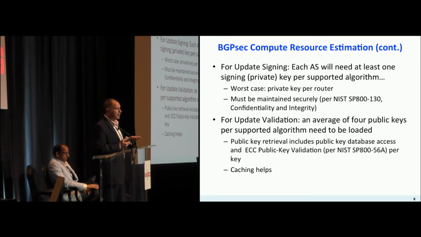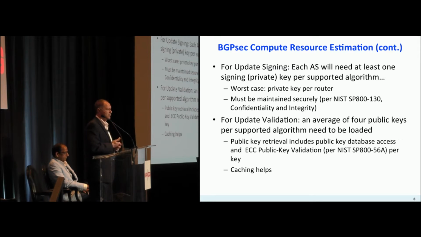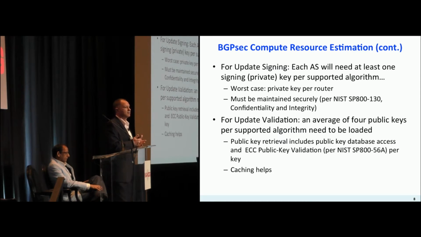Now, for the validation, though, for each hop, we need a public key of the AS that the particular path, let's say, was signed with. So if you're assuming 4 hops, that will be 4 different public keys. The public keys are a little bit larger than private keys, but still, the size isn't a problem. It's the number of potential public keys that we could have with full propagation of BGPsec. And we'll talk a little bit about that as well.